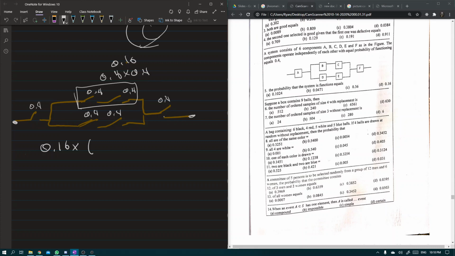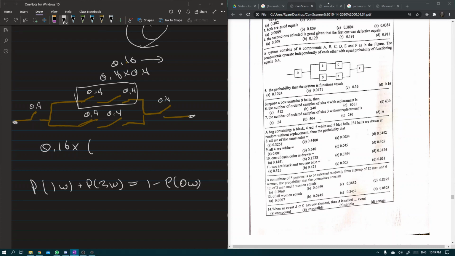The probability of one working or two working is equal to one minus the probability that neither works.